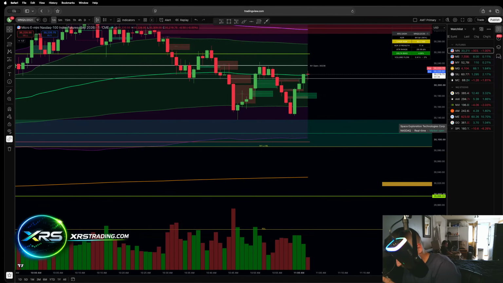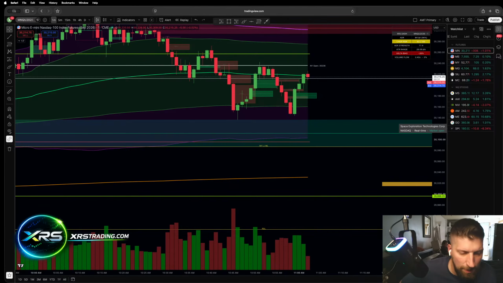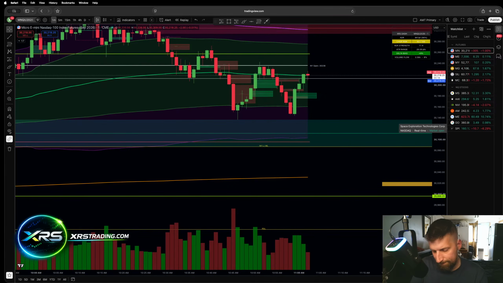I kind of want to see this sweep the internal range to 234, like up long. Absorption MNQ sellers.